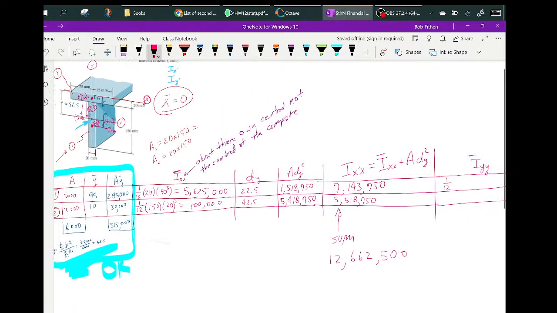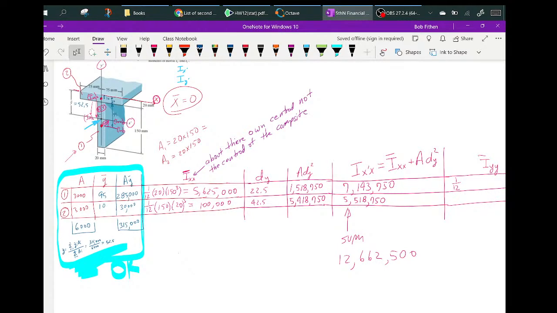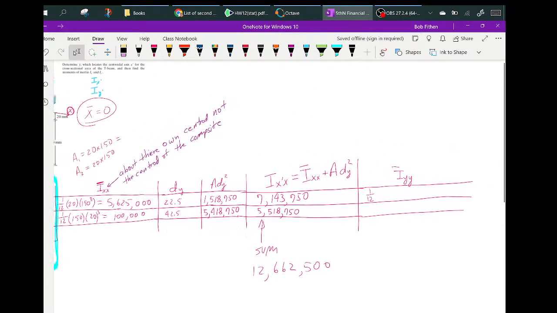This time we're operating at the YY, so the base and the height get flipped. 150 times 20 to the third, 1/12, and then 20 times 150 to the third.